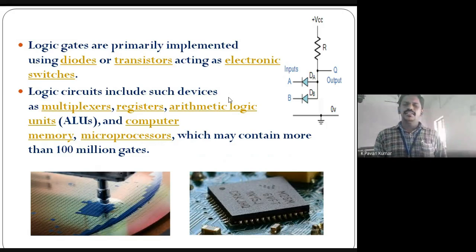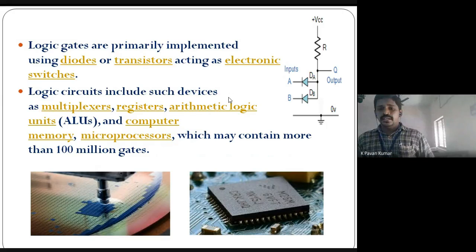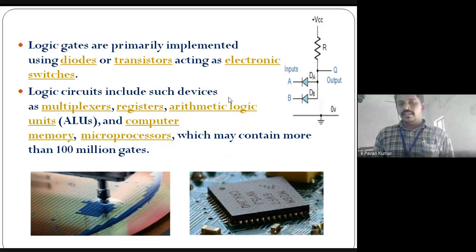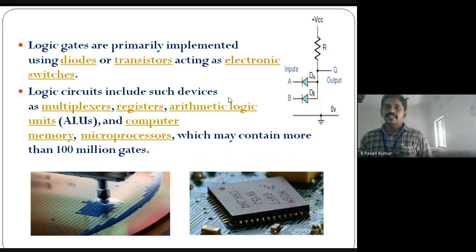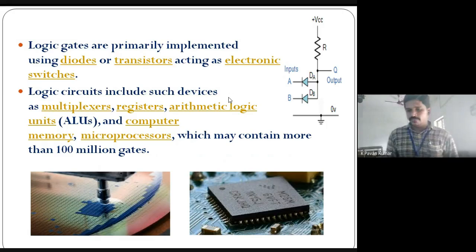Register is a storage memory. We use a number of logic gates for storing information in the form of bits. That is a flip-flop. A flip-flop is a one-bit memory element which is used to store one bit of binary information.